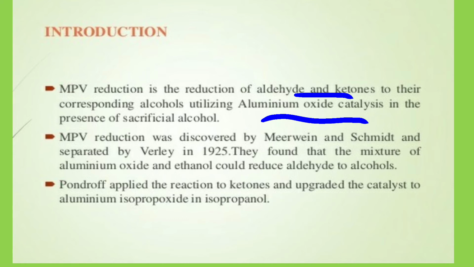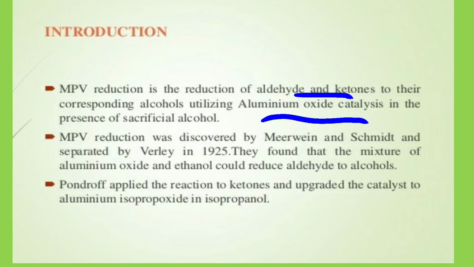That means in MPV reduction, our reducing reagent is aluminum alkoxide. It is useful for the conversion of aldehyde or ketone into the corresponding alcohol.